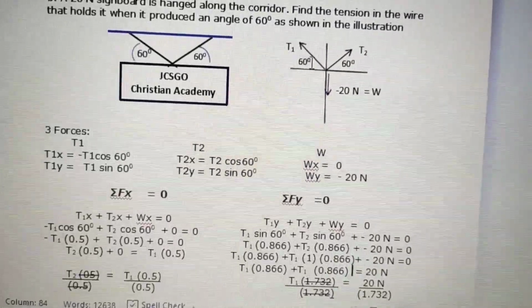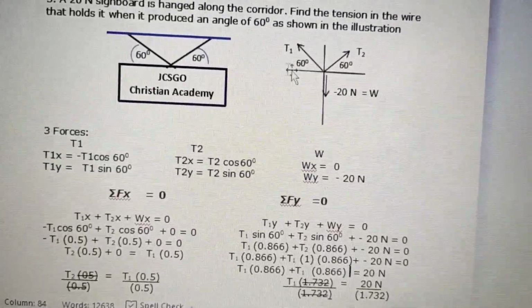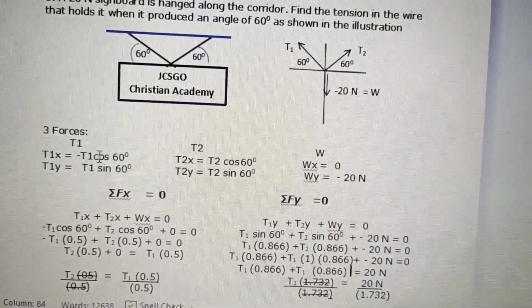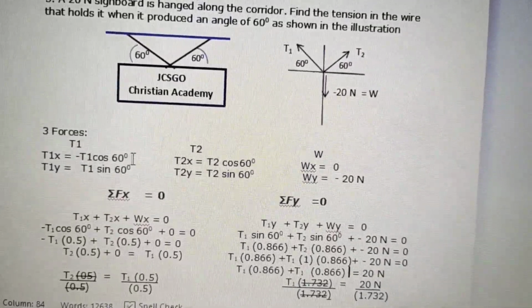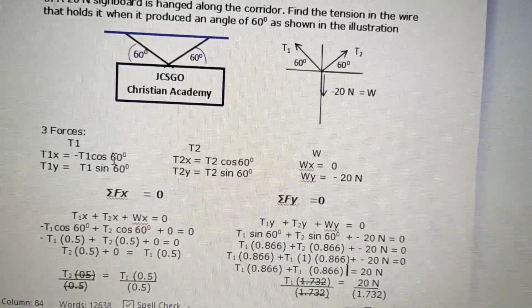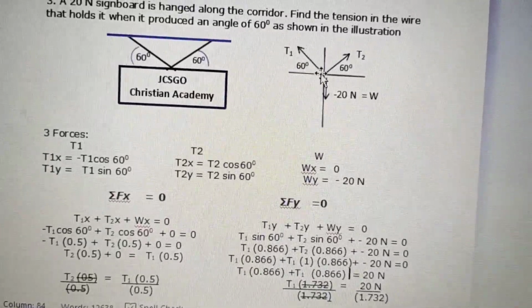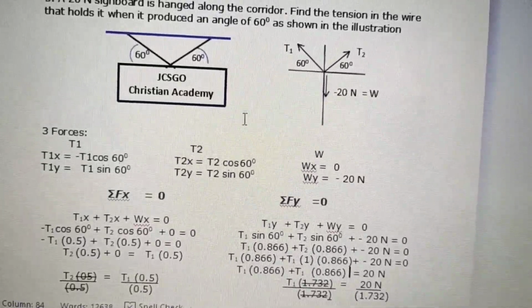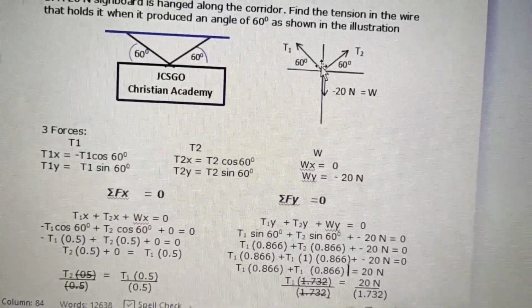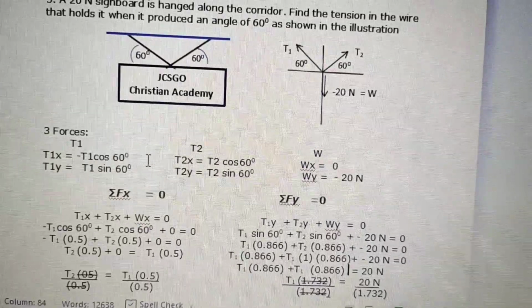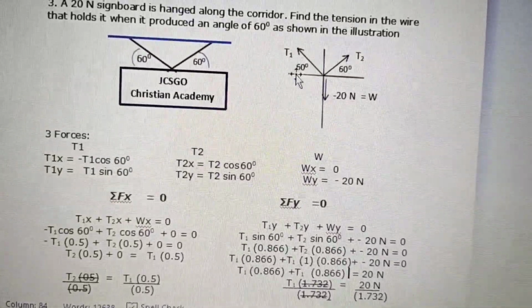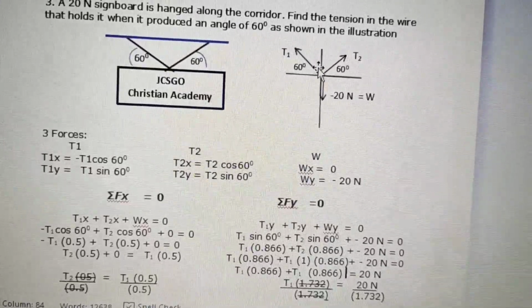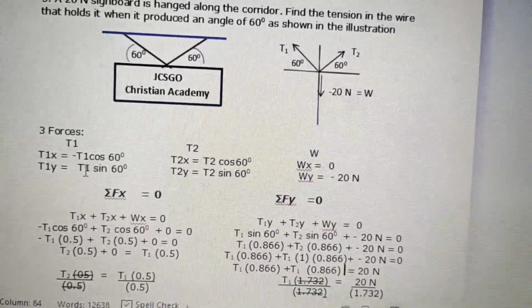Since our wire 1 is towards the left, it gets a negative T1 cosine 60 degrees. Why cosine? Because cosine is the angle reference for the x-axis, and sine is the angle reference for the y-axis. So the forces acting on T1 are both T1x and T1y.